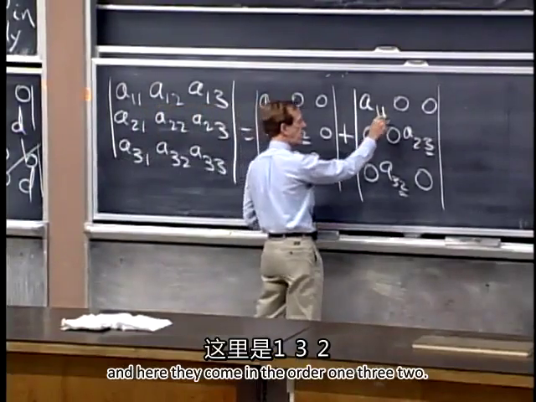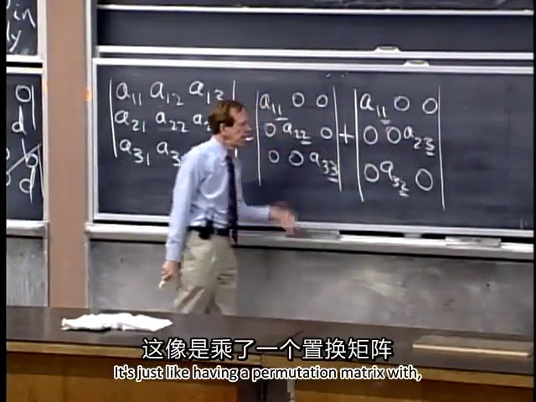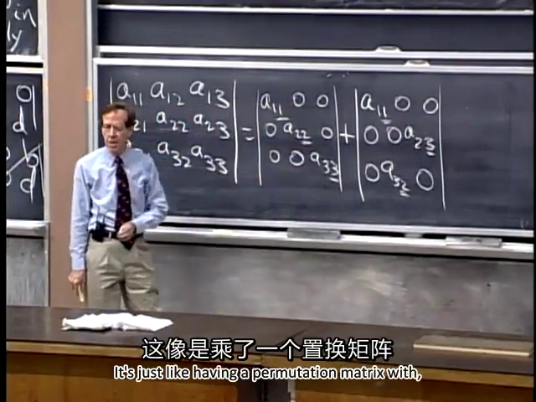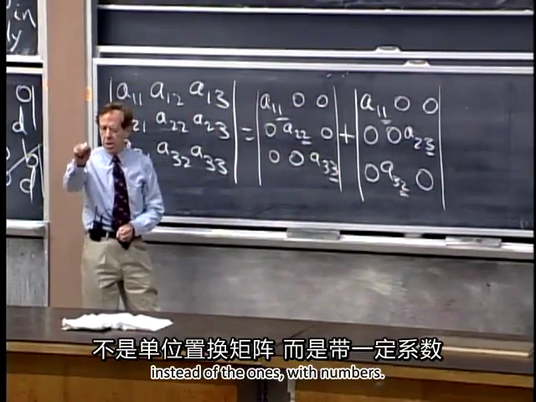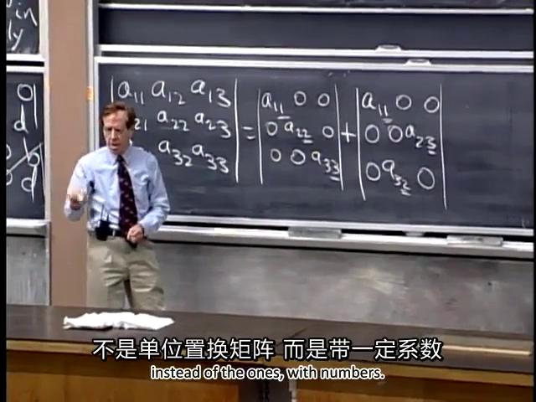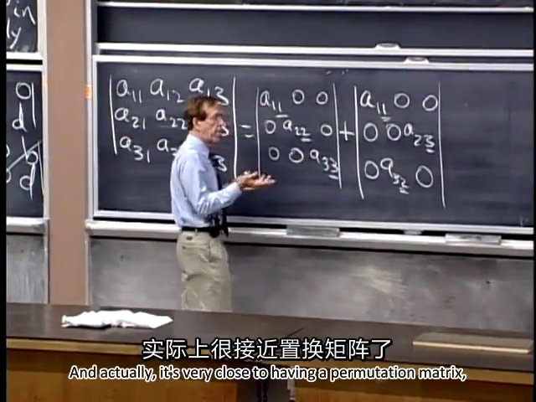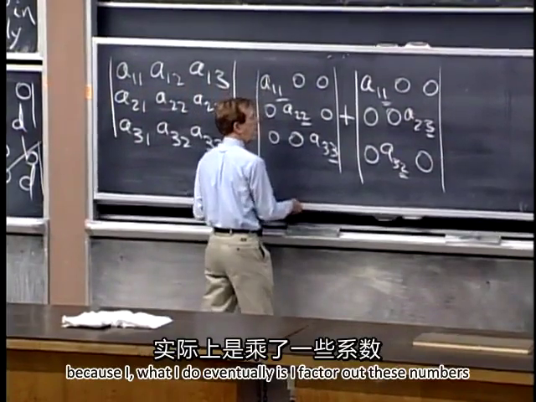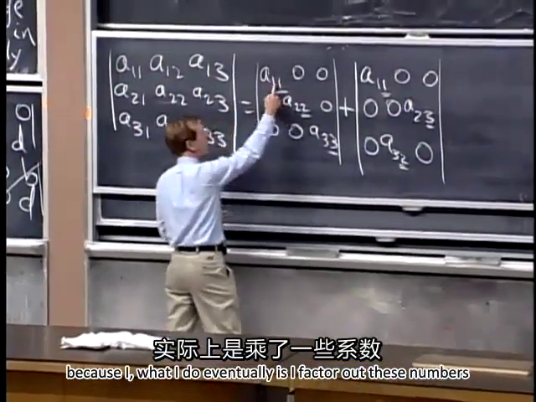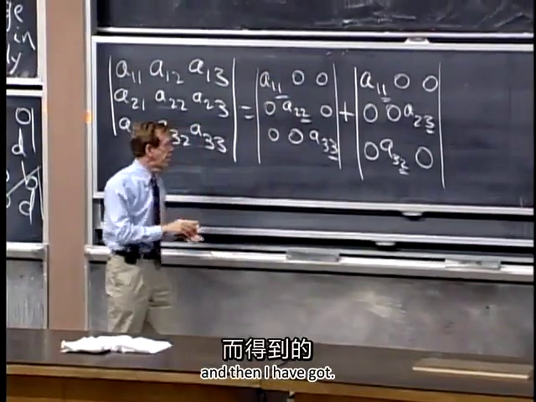And here they come in the order 1, 3, 2. It's just like having a permutation matrix with numbers instead of the ones. And actually, it's very close to having a permutation matrix because what I do eventually is I factor out these numbers, and then I have got.